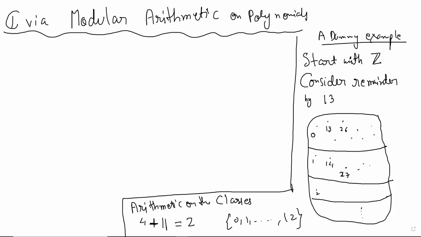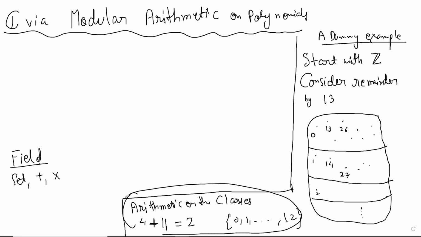Now we want to see, a field is a set. A field is basically just a name that we give to a set which has not one but two binary operations, plus and multiplication. Just like here, the addition and multiplication are not the usual ones, but done modulo 13.